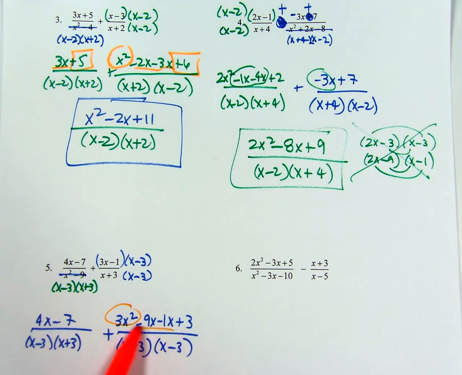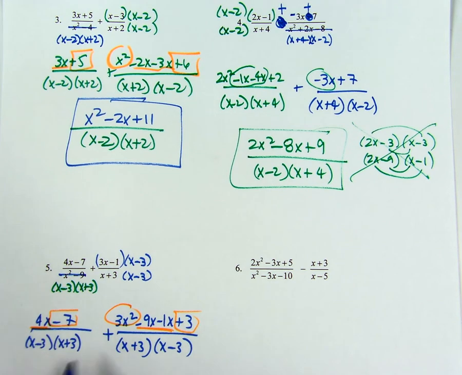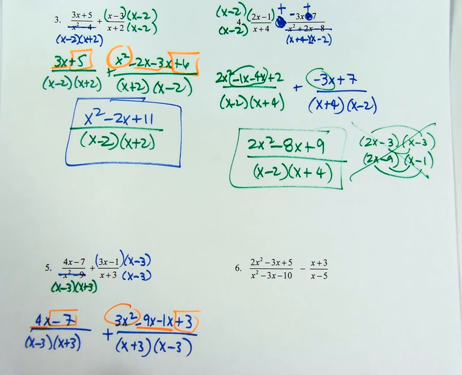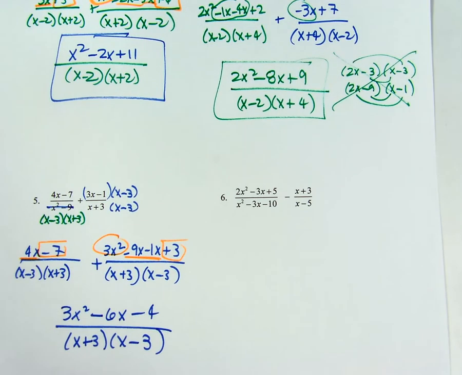So I got x squared, we have x's, and then we have some numbers. So we have 3x squared, minus 10 plus 4 is negative 6x, minus 4. Okay, so now I've got 3x squared minus 6x minus 4 over x plus 3, x minus 3.